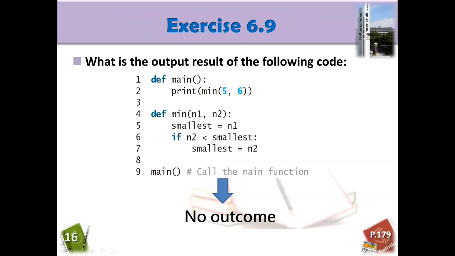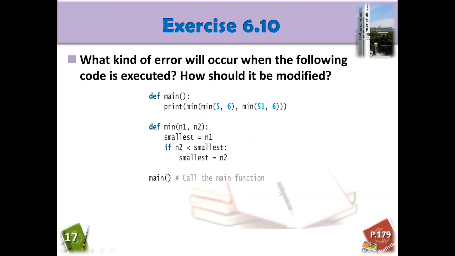Return. Yes, this is without any return. So although this function executes the instructions from line 4 to line 7, actually it is without return. So there is no outcome. Yeah, no outcome.